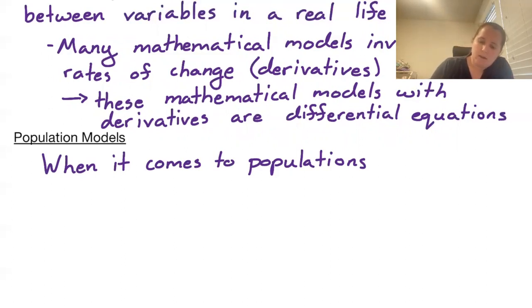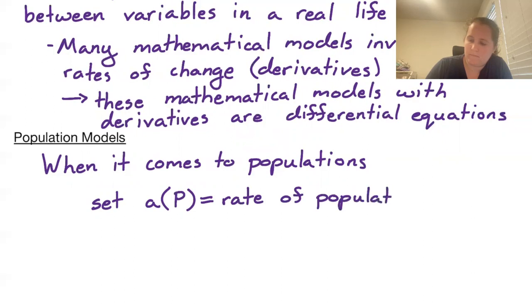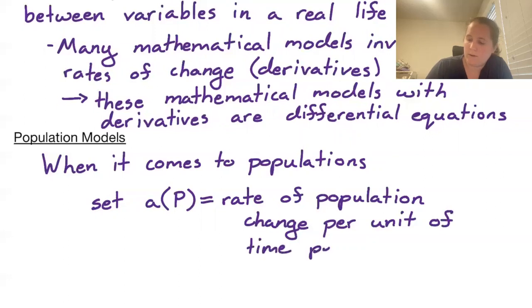So what we're going to do is set A of P to be essentially the rate of population increase or decrease. So it's the rate of population change per unit of time per individual.